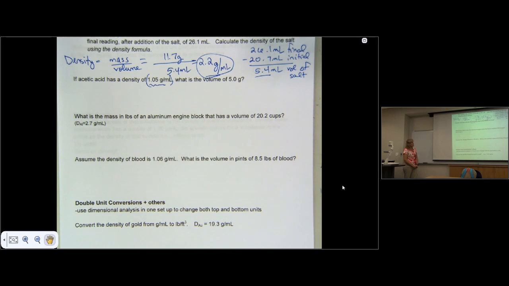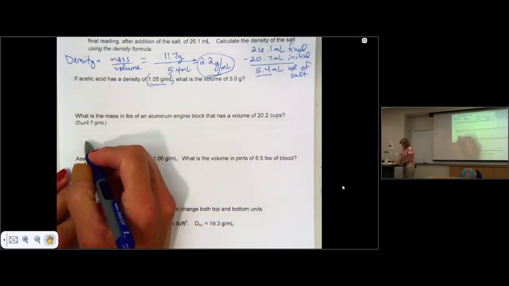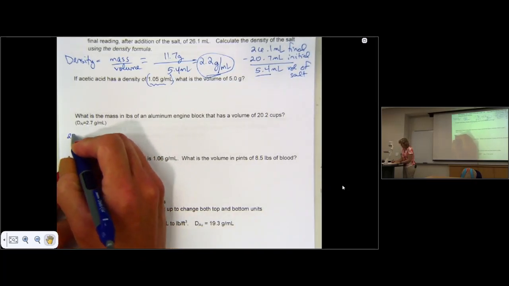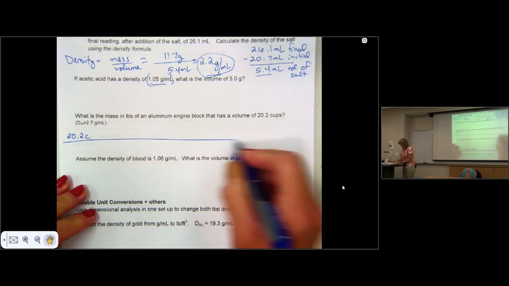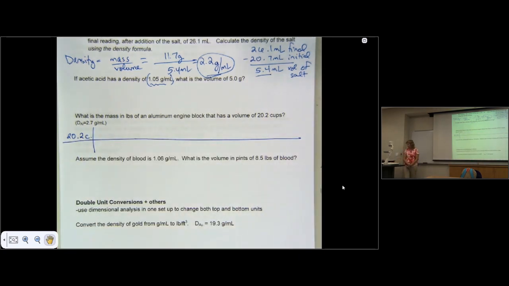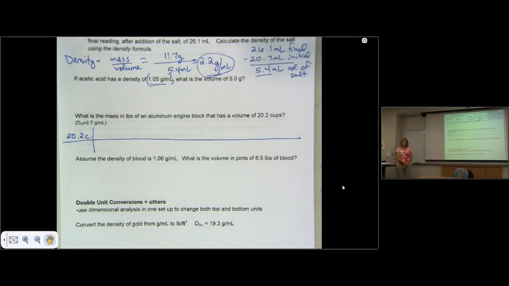What is the given in this problem? 20.2 cups. I want you to study that for a minute and see if you can tell me what to do. Anyone have any ideas? Well, eventually we are going to try to change it to pounds, yes.